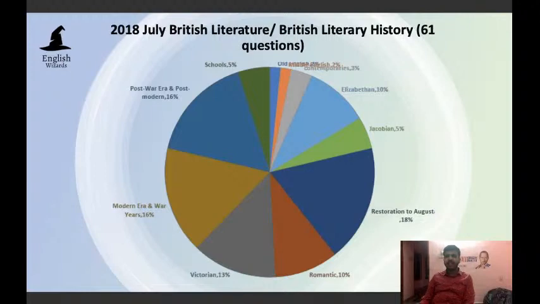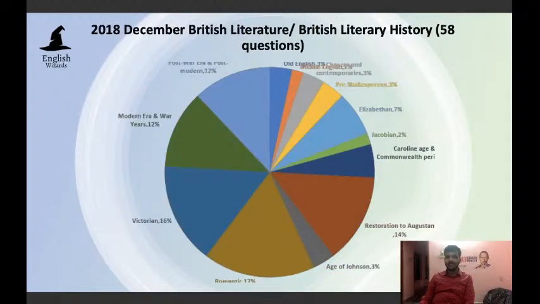Then again, the Elizabethan era also has prominence. Restoration, Augustan to Restoration, Romantic, and Victorian. Again, if we go to the next slide, the same thing happens. I think the same thing holds. We can go to the next one.